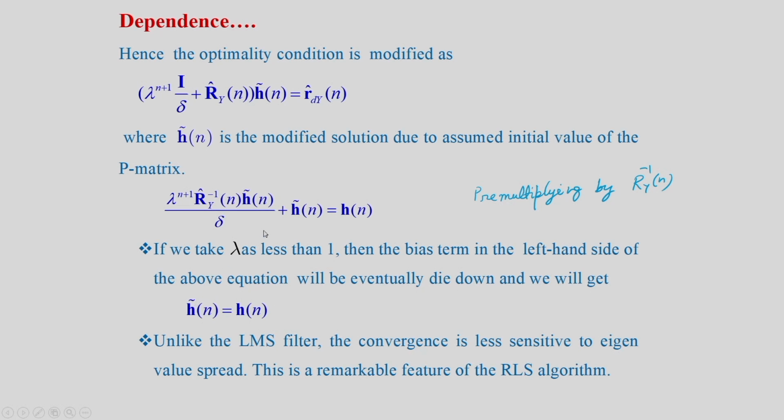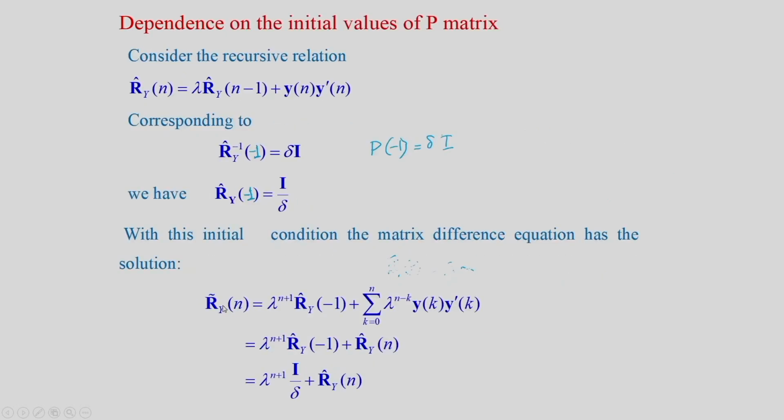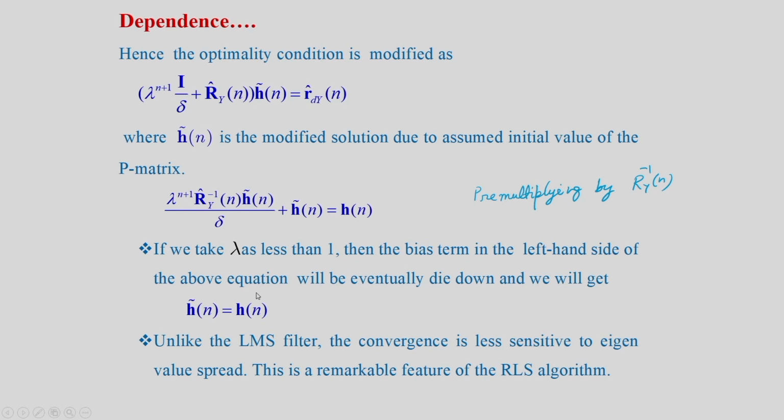And we will get h tilde n is equal to h n. So, therefore, because of this initialization we have taken, that is Ry hat inverse at minus 1 is equal to delta I, this will not affect the solution. So, ultimately we will get h tilde n equal to h n.